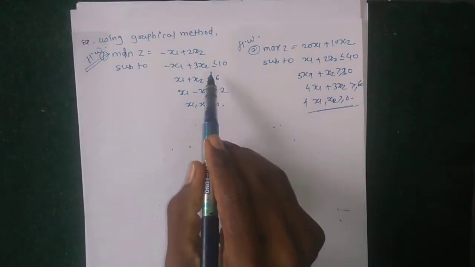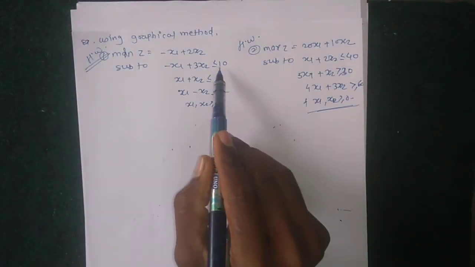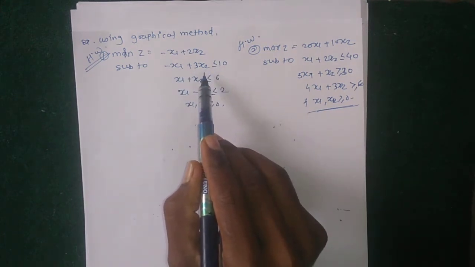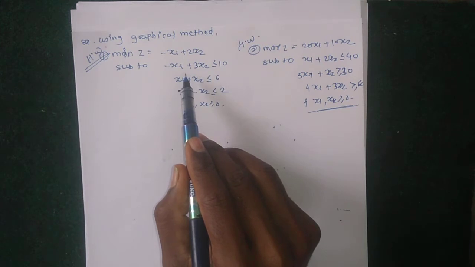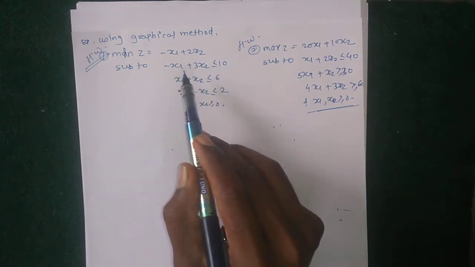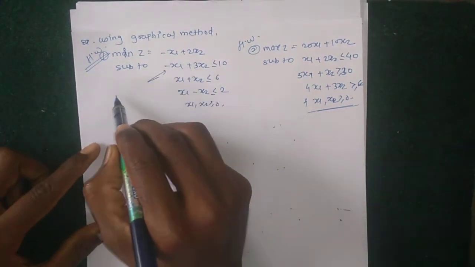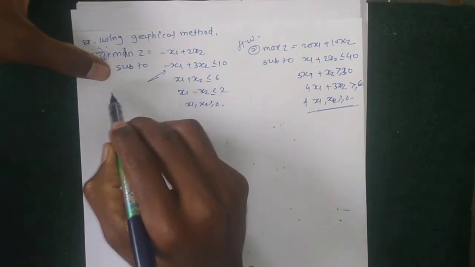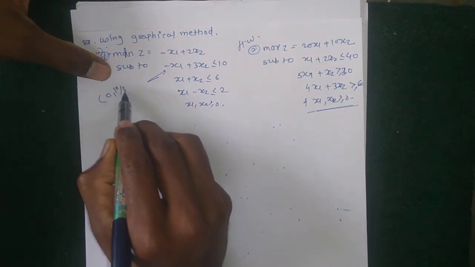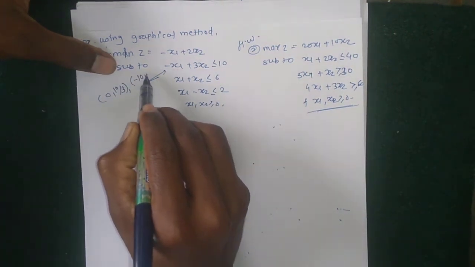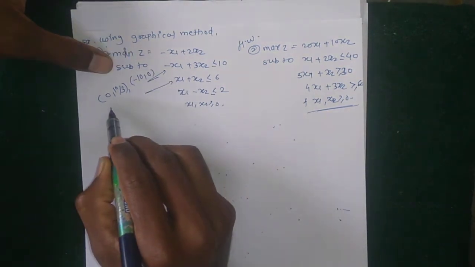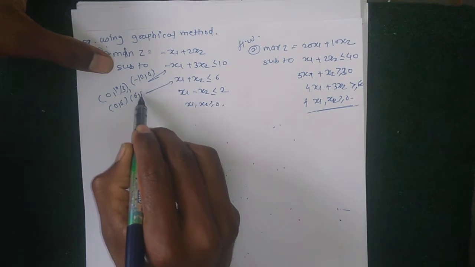Okay, here the points are 0, 10 by 3 and minus 10, 0. The 2 points for this equation are 0, 10 by 3 and minus 10, 0. For the next, the 2 points are 0, 6 and 6, 0.